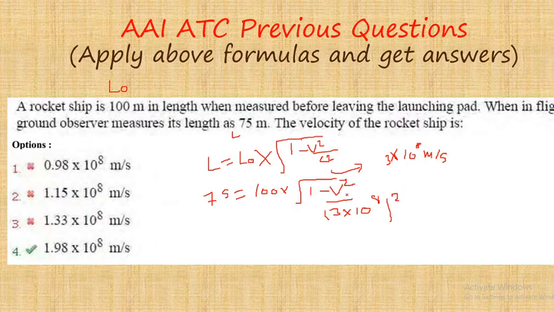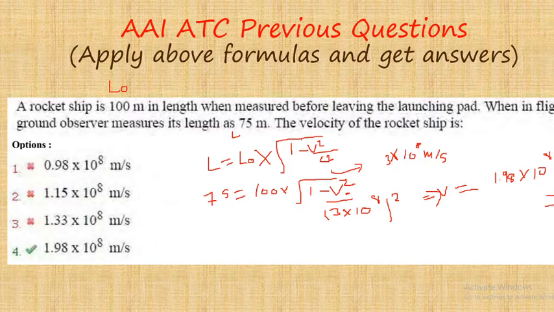So you just need to find this value V. Once you find the value of V, V equal to 1.98 into 10 to the power 8 meter per second. So this is what we'll get as the answer.